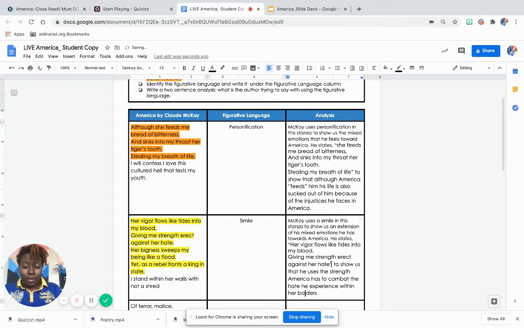We're going to put quotations, "her borders." So he's using all of the hate that America's giving him to give him strength.